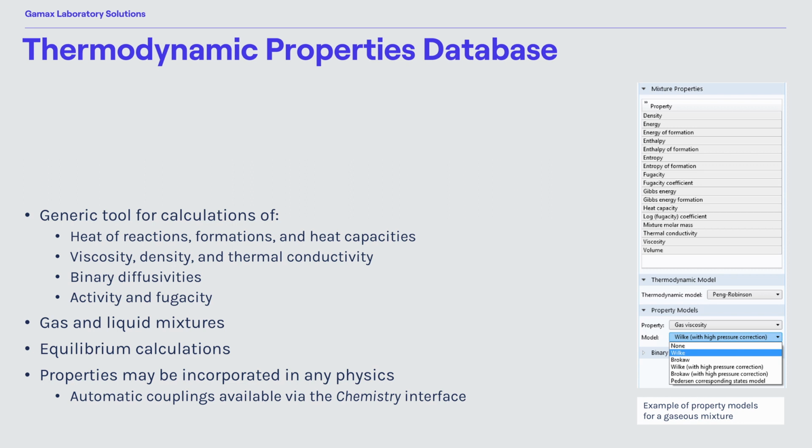So this database and these calculations are there in the fuel cell module, so they are enabled. But of course, it can be used for any gaseous mixtures, not just for fuel cells. So it can be used in general electrochemical calculations, not limited to fuel cells.